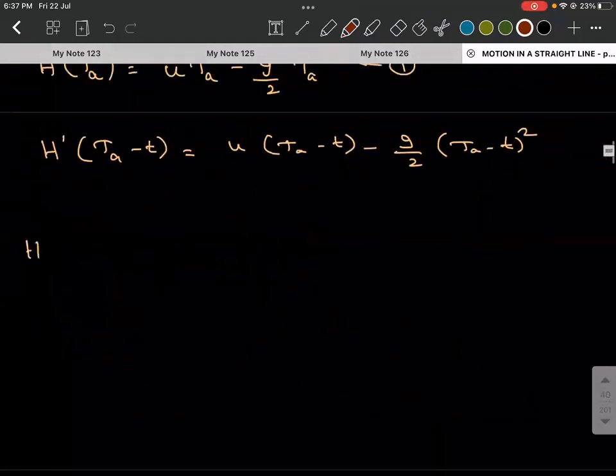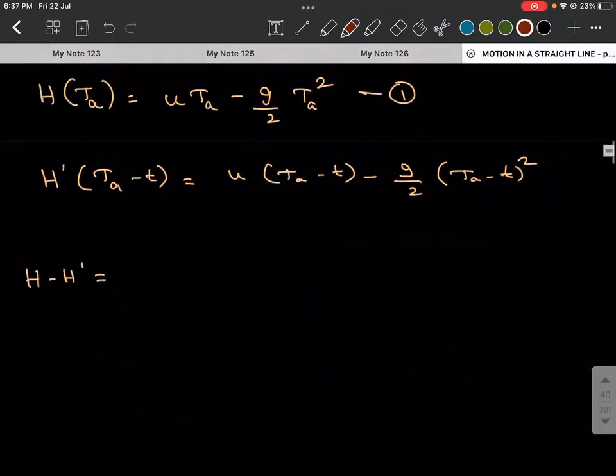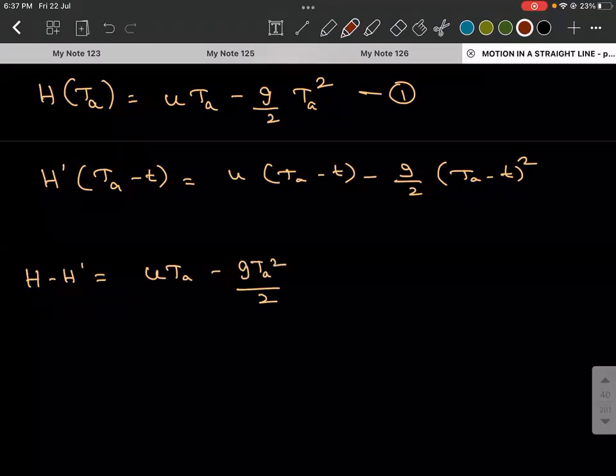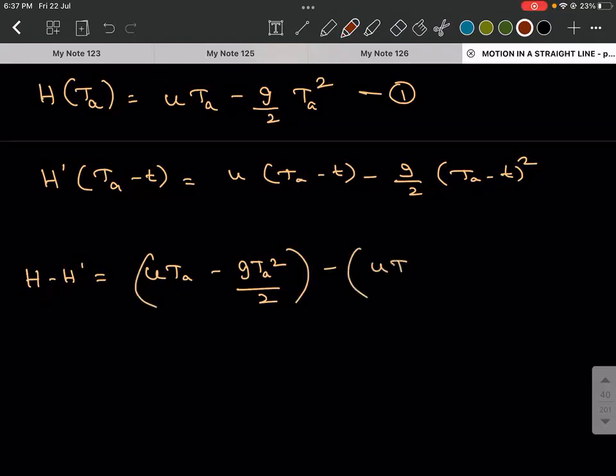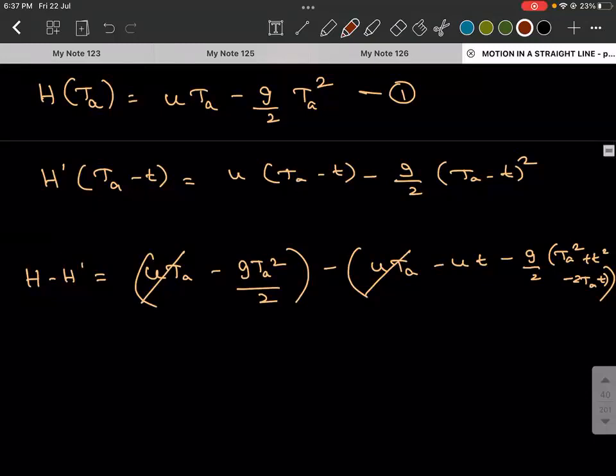So h minus h dash, if I try to calculate, I'll get u into ta minus g into ta square by 2, minus u into ta minus t, minus g by 2 into ta square plus t square minus 2 into ta into t. I just applied basic algebra. So u ta will get cancelled.